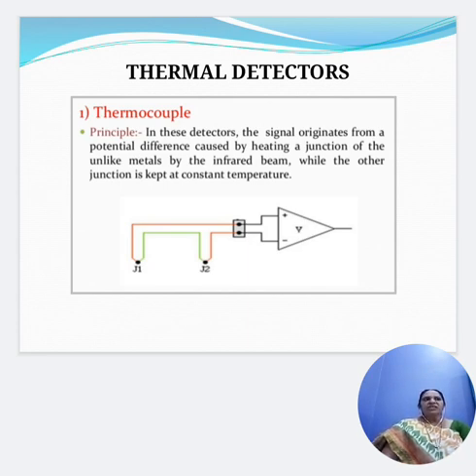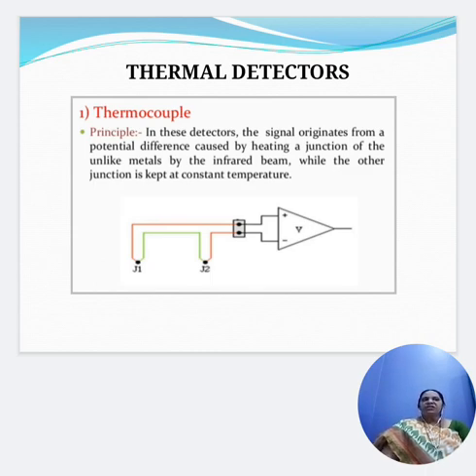One junction is maintained as the cold junction, which is the reference junction kept at a constant temperature, and it is not exposed to IR radiation. The other junction is the hot junction exposed to IR radiation, which increases with temperature of the junction.